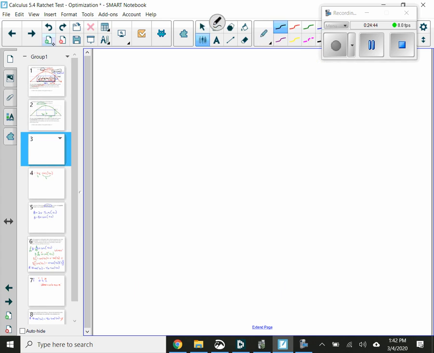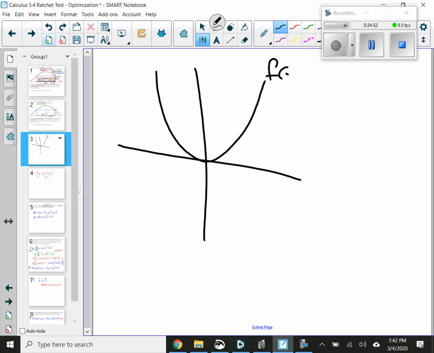My favorite function is x squared. This is f of x equals x squared. Here is the point 3. What are the coordinates of that point? 3, 9. How did you know that?